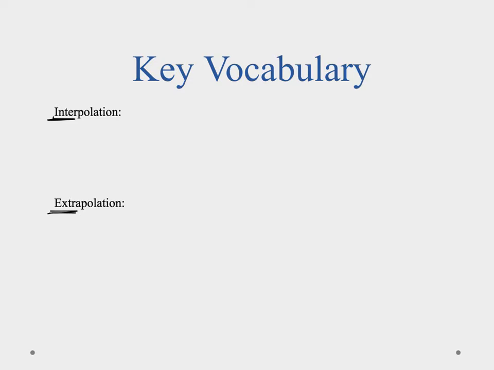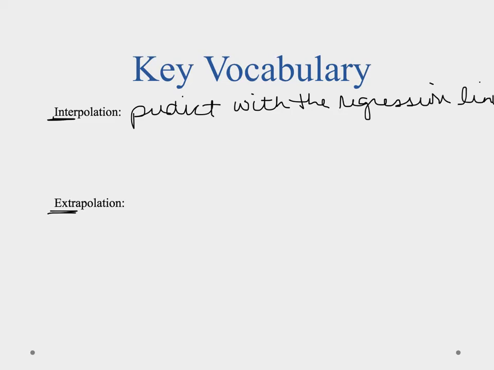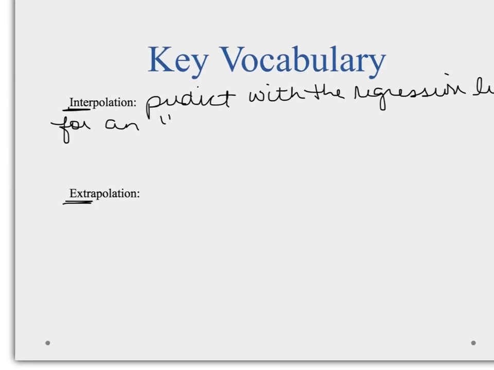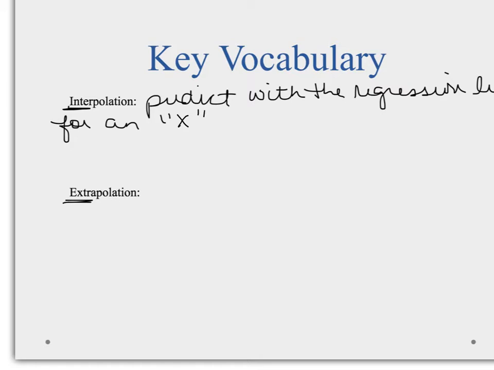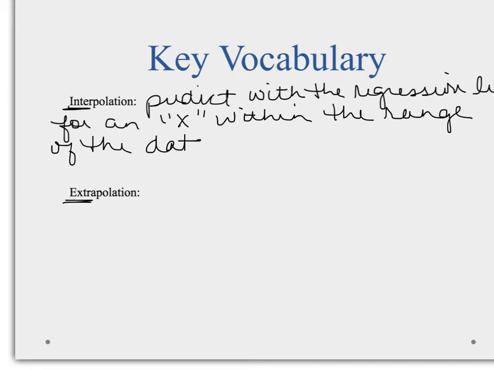So when we use interpolation, we are going to predict with the regression line for an x or explanatory variable within the range of the data, specifically the data used to get the regression line.